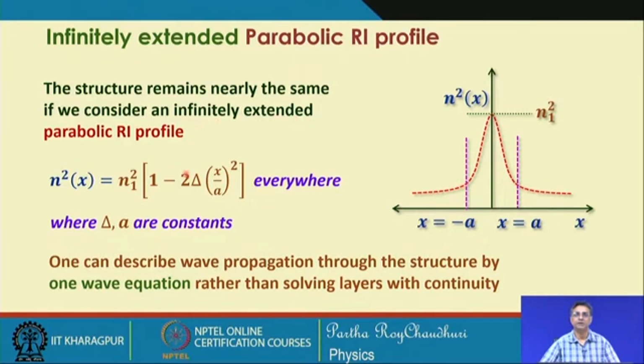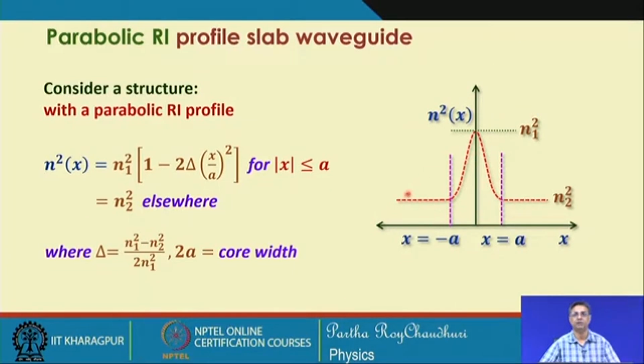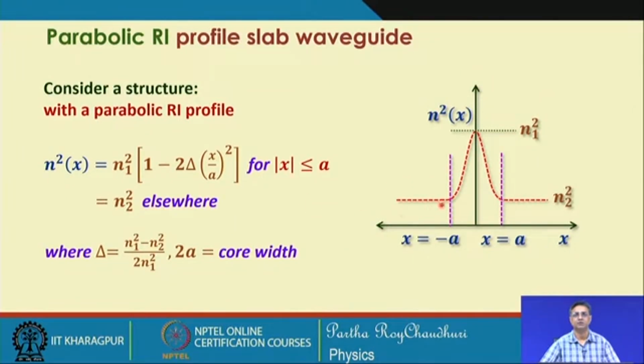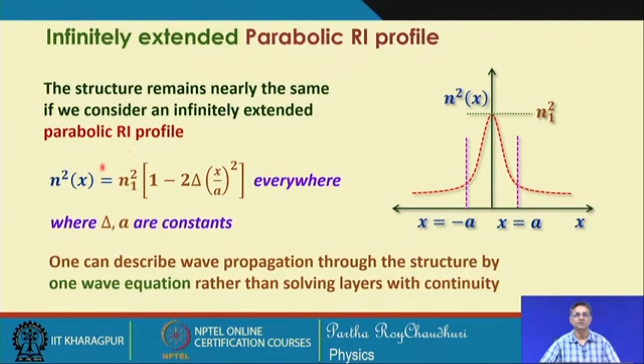The advantage is that we can very nicely represent this profile by a single equation, and there is not much difference because this assumes an asymptote, whereas it also becomes a constant and the field is very small, as we have mentioned. So, we can represent the waveguide by using one equation.